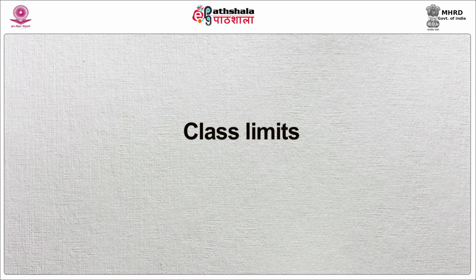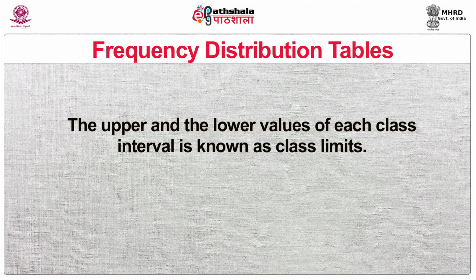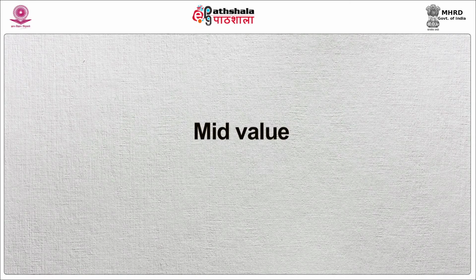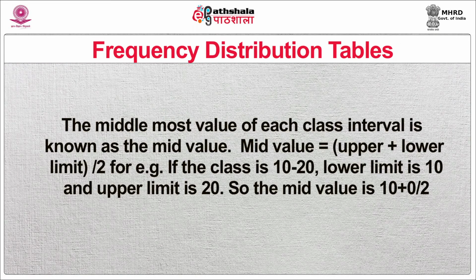The class limits. The upper and the lower values of each class interval are known as the class limits. For the class 10 to 20, 10 is the lower limit and 20 is the upper limit. The mid value. The middlemost value of each class interval is known as the mid value, that is, upper plus lower limit divided by 2.